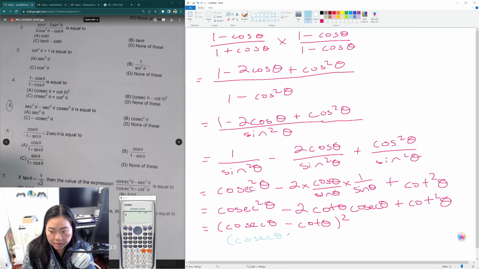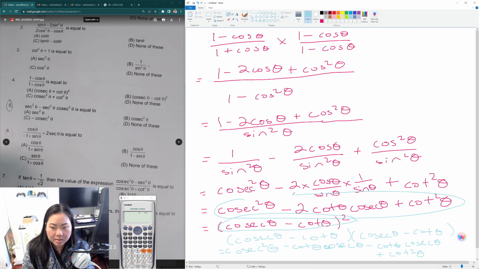Then minus cot theta times cosec theta, which is minus cot theta cosec theta. Then minus cot theta times minus cot theta, which is positive cot squared theta. And minus cot theta cosec theta minus cot theta cosec theta is minus 2 cot theta cosec theta. So if you expand this, you are going to get this.